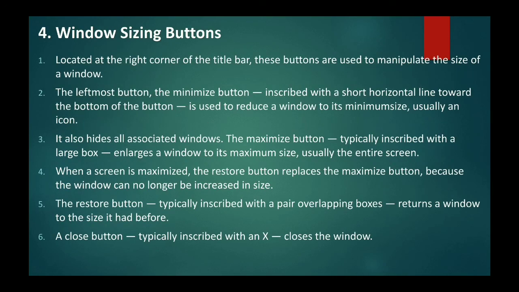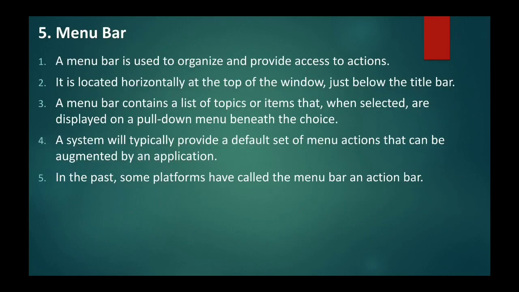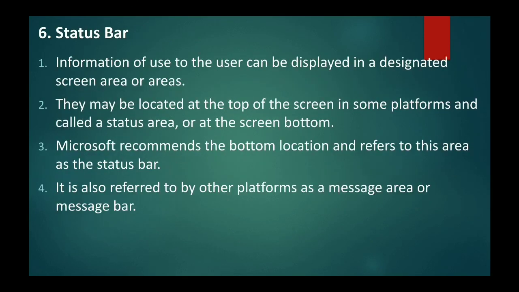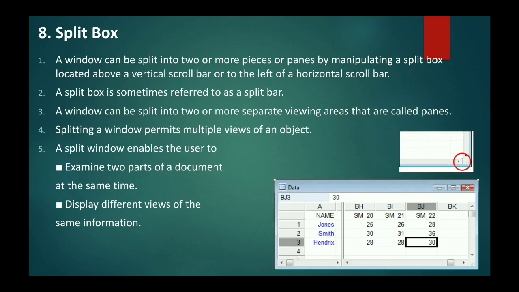Window sizing buttons: the underscore button, that is the small horizontal line, the square button, the restoring button, and the close button. These are called window sizing buttons. Then menu bars, status bar, scroll bars, horizontal and vertical, then split boxes, which separate the viewing area into two different areas called panes.